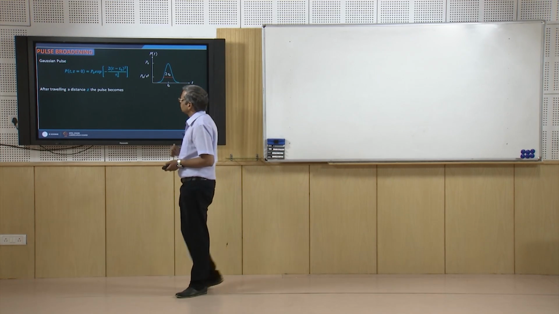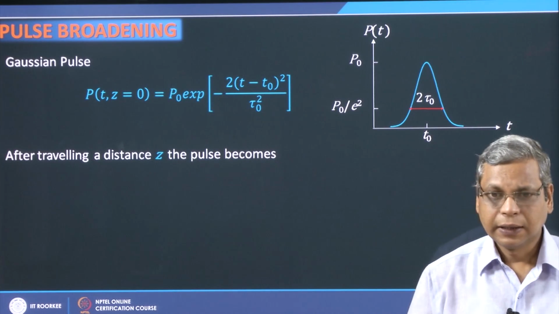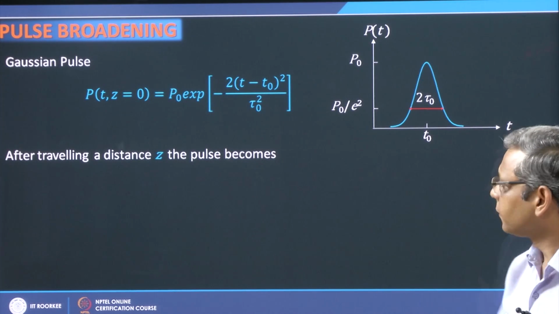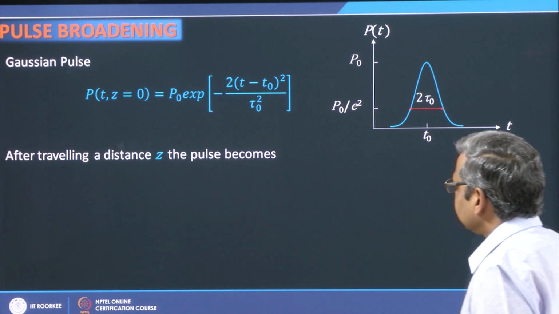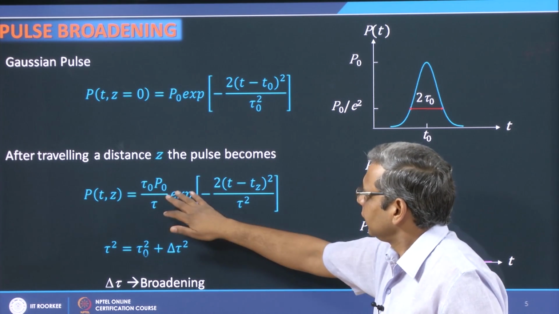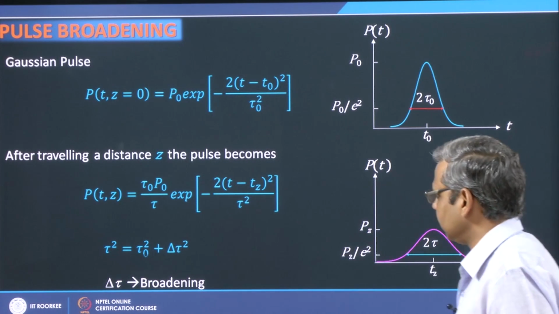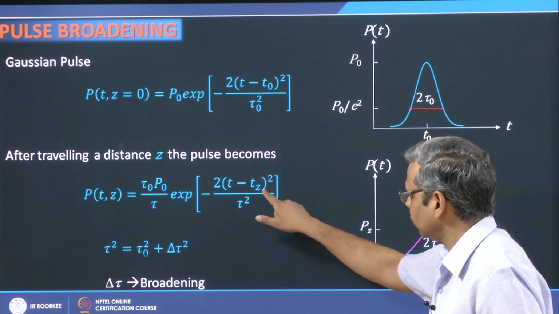If this pulse is traveling, then at distance z the pulse becomes this, its amplitude changes and also its width changes and position also.